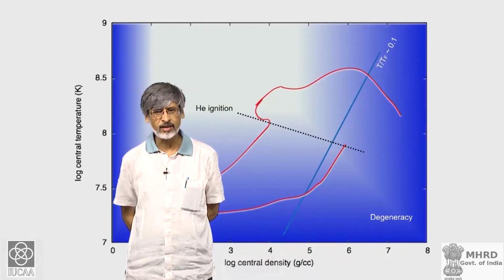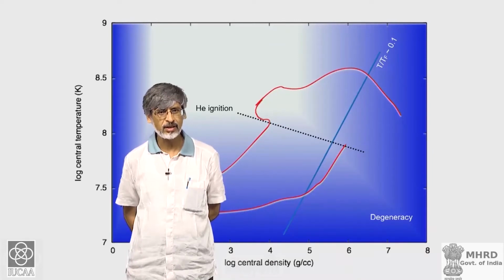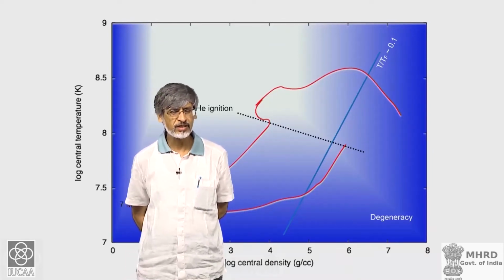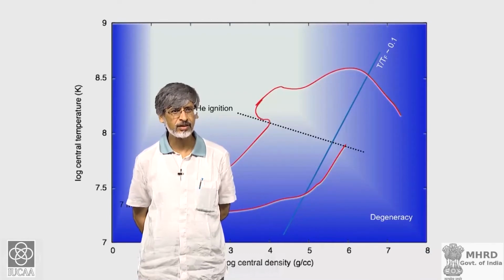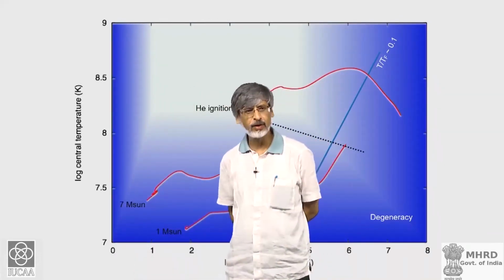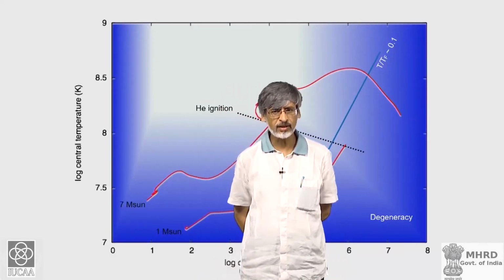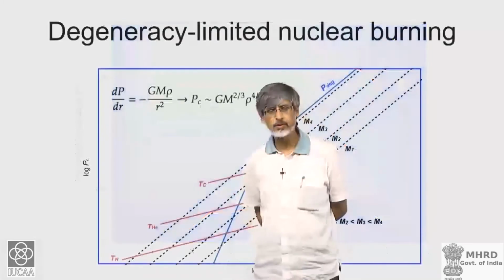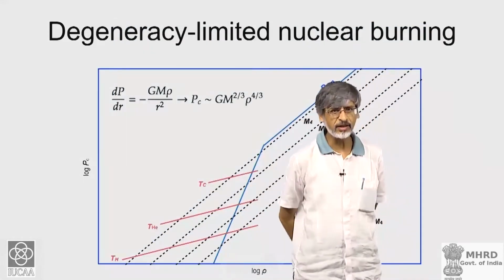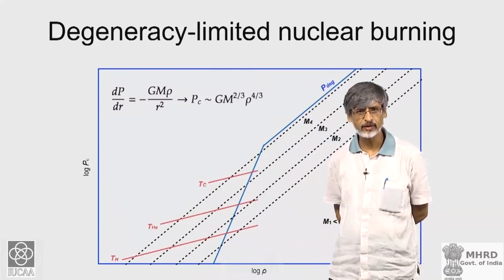If the collapse is held, then there is no further rise in temperature. If there is no further rise in temperature, a nuclear burning stage, unless it has already been initiated, will not be entered again. Degeneracy pressure support can therefore regulate how many stages of nuclear burning a star can go through in its core. This is what I illustrate here schematically as degeneracy limited nuclear burning.